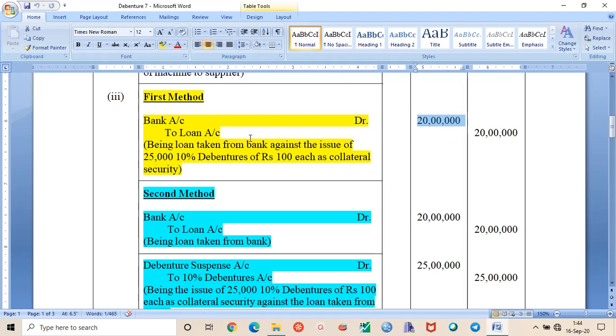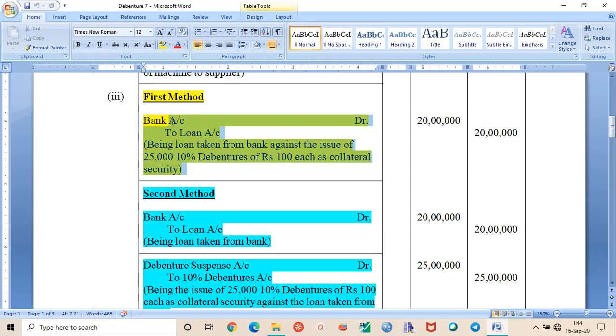You have to give something in security. For that security purpose, you are issuing the number of debentures. If you go for the first method, you will not pass that particular entry. You will only record the amount of loan taken from the bank.